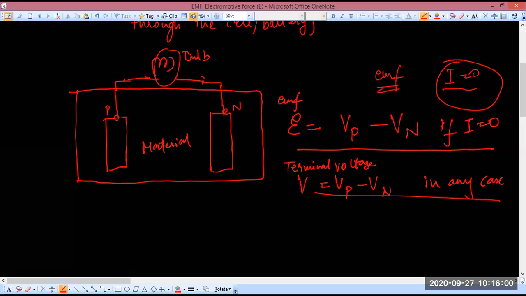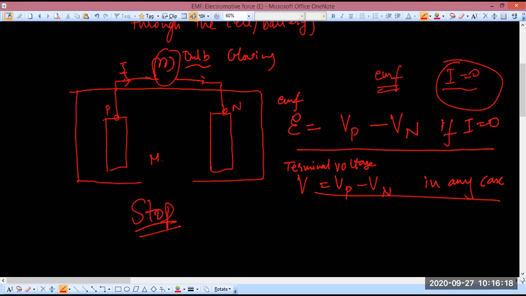Then while the current is flowing and the bulb is glowing, if you remove this material by breaking the battery, it will stop working, because batteries don't work without their material.